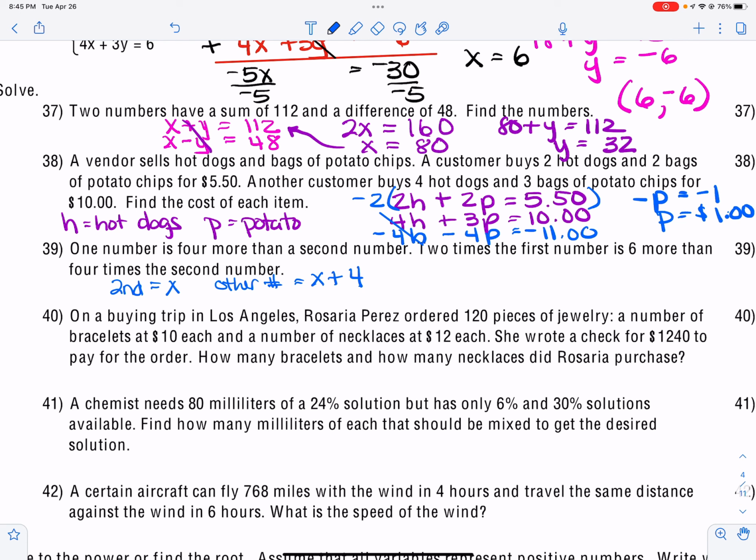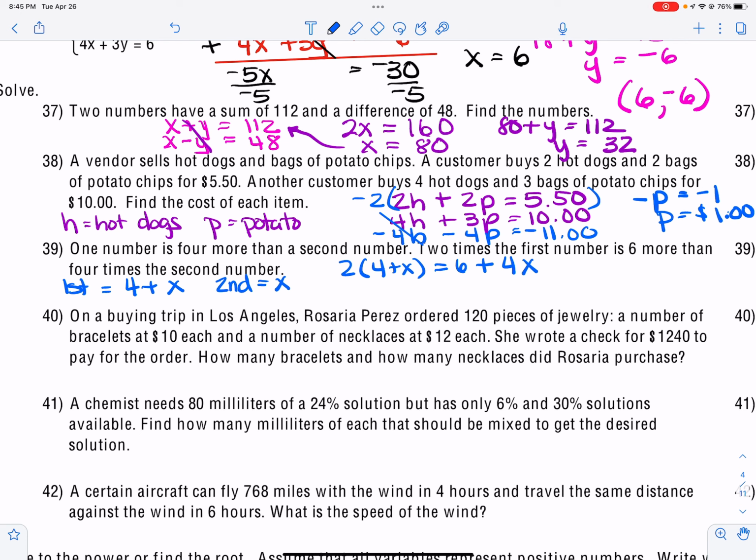Let's call them first and second. First number is 4 more than the second number, and the second number is x. So then it says 2 times the first number is 6 more than 4 times the second number.